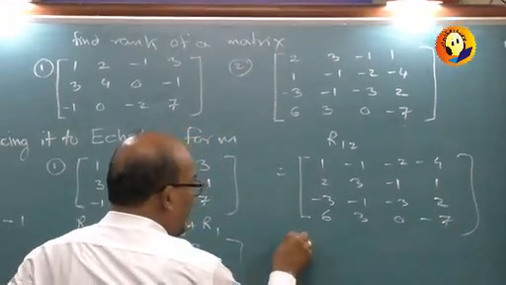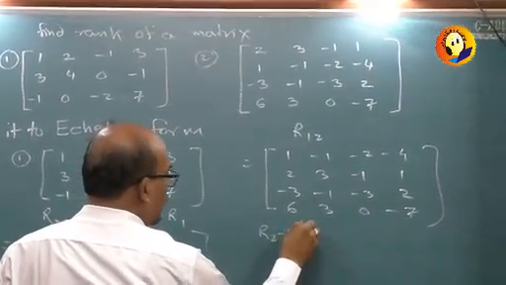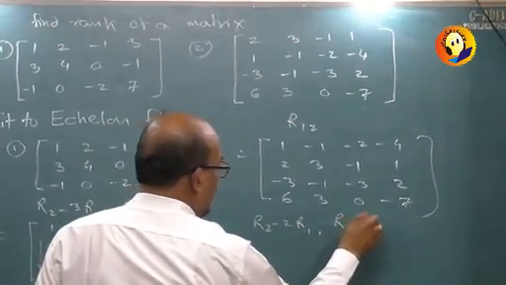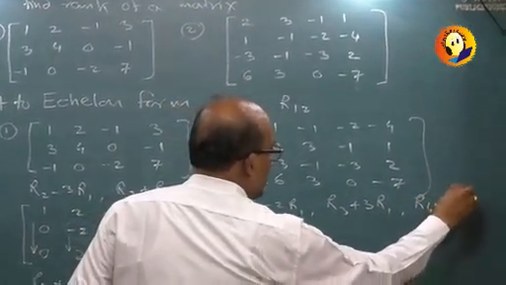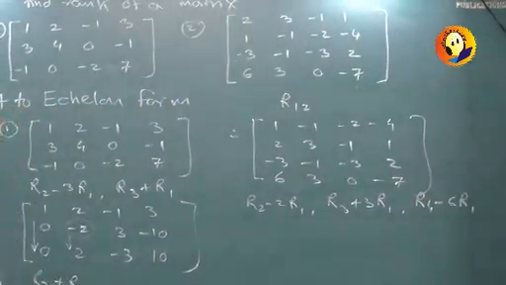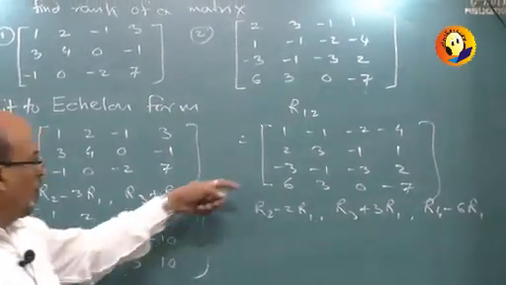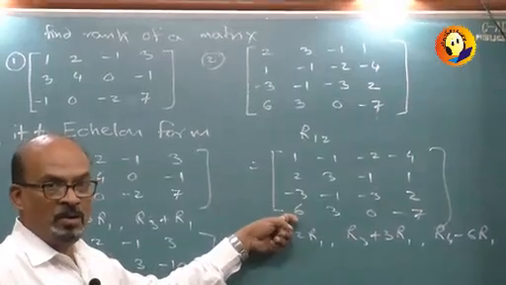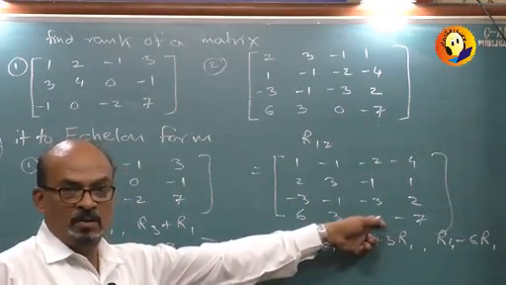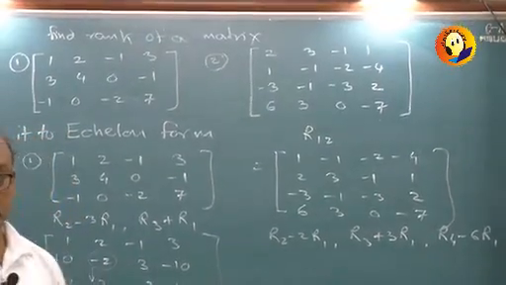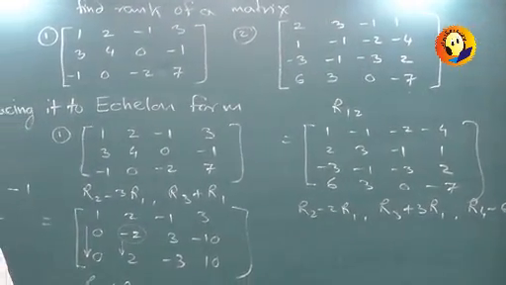And at a time we perform 3 operations: R2 minus twice R1, R3 plus 3 times R1, and R4 minus 6 times R1. So one step will make one column 0, second step these two 0, third step this will be 0. So answer is achievable in 3 steps. Right? Do it.